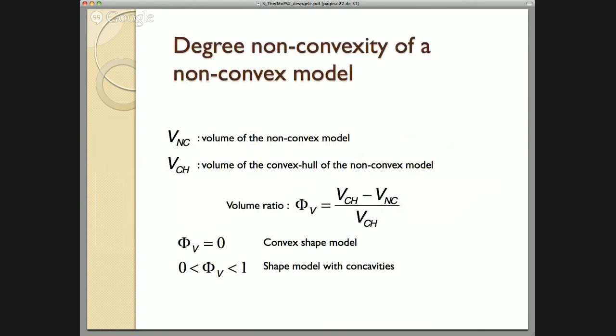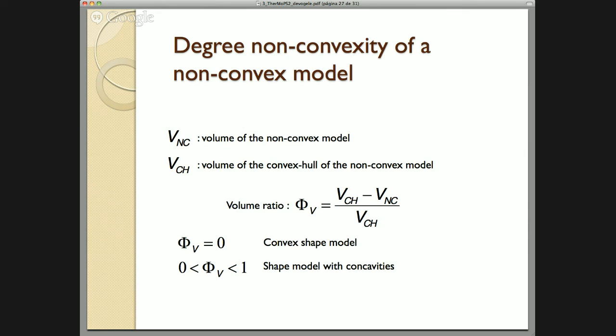So then we introduce a parameter which can give us information about the degree of non-convexity of a non-convex model. We call this parameter the volume ratio, and it is computed from 2 quantities: the volume of the non-convex shape model and the volume of the convex hull of this non-convex shape model.